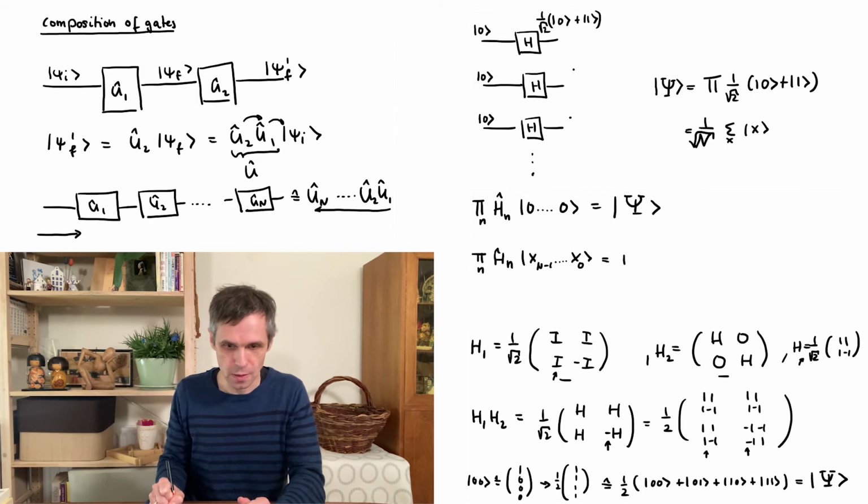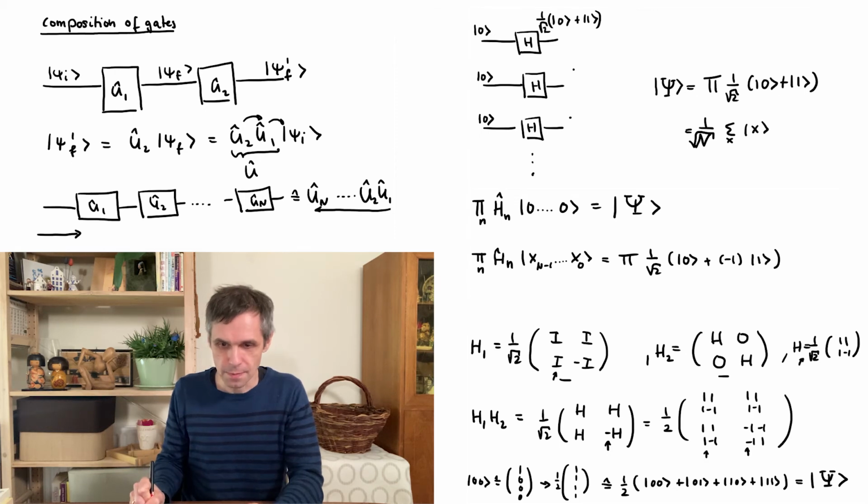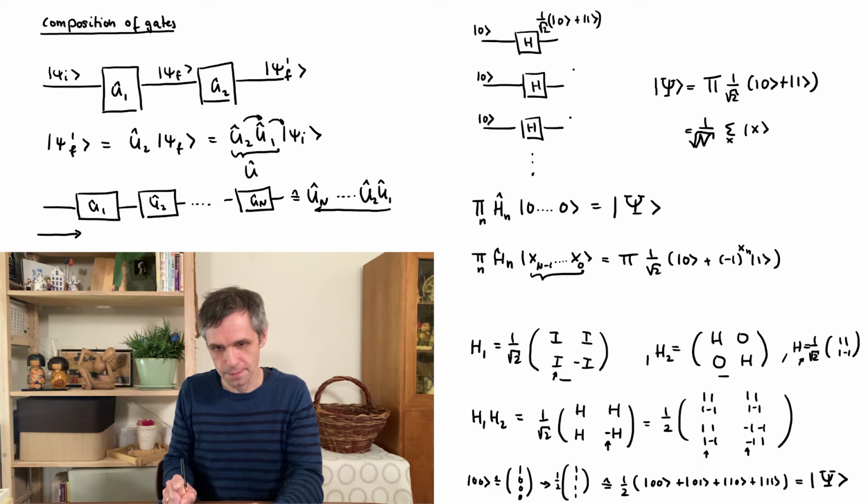And this will simply transform this into a product of all these states, where we sometimes have a plus or a minus sign in front of the state 1. And this simply depends on the value xn of the bit in this binary number here.